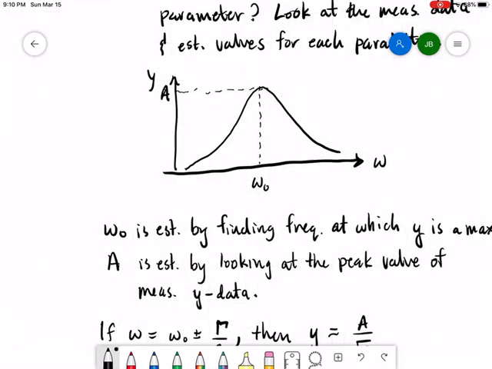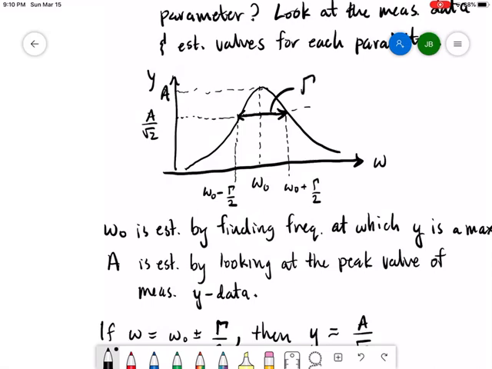So what we could do is find on our plot the height A over root 2, and then if we extrapolate back down to the frequency axis, this is omega naught minus gamma over 2, and this is omega naught plus gamma over 2. In other words, this width here is gamma.